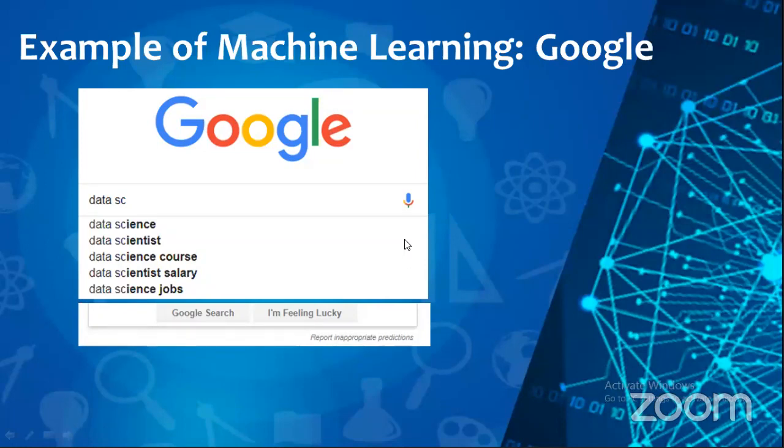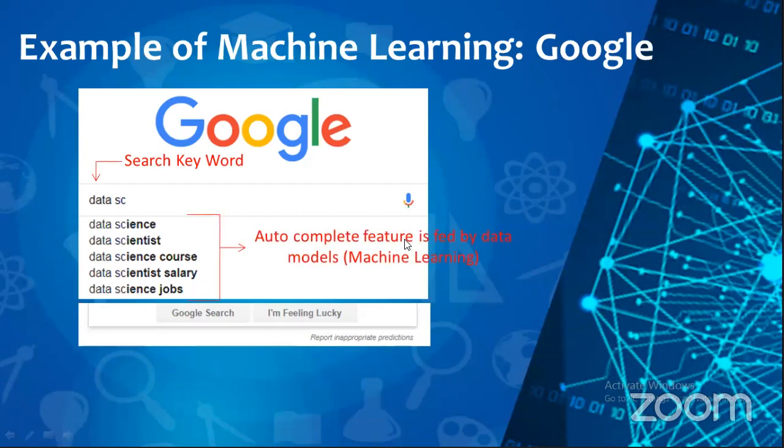What is there on the backside of the search engine? That is machine learning. I have given a big explanation. There is such a keyword. Once you are using that autocomplete feature, we call this business intelligence fed by data models.